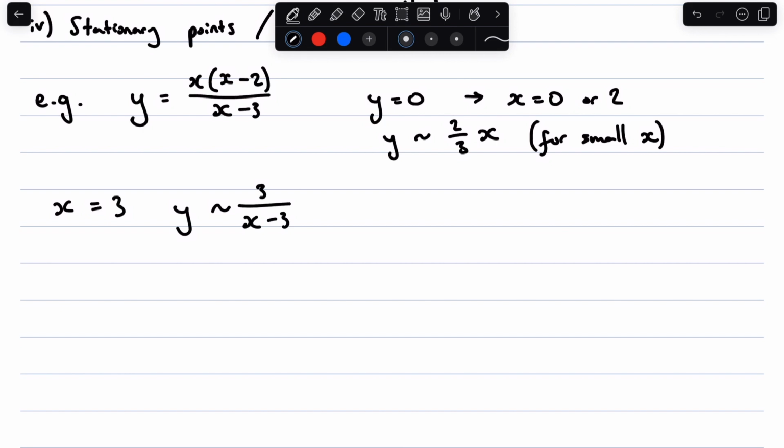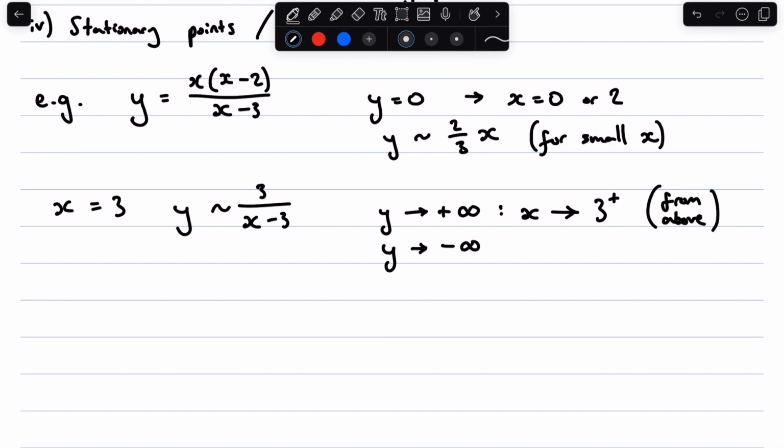And y tends to plus infinity when x tends to 3, and we put a little plus up here to denote that this is from above, i.e. from numbers such as 5, 4 going down as we approach from above in x, and then y tends to minus infinity from below. So this is for x going through to 3 minus, i.e. from below.